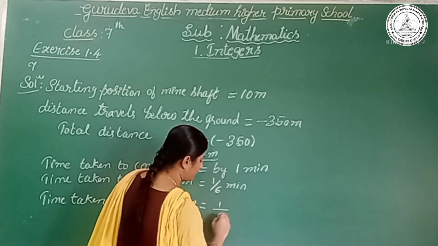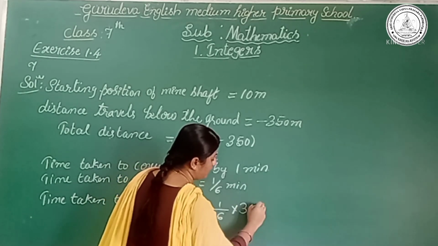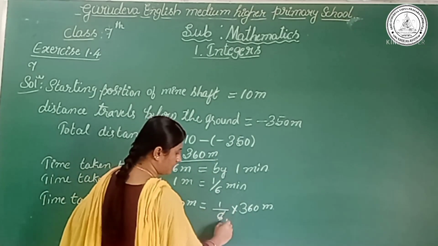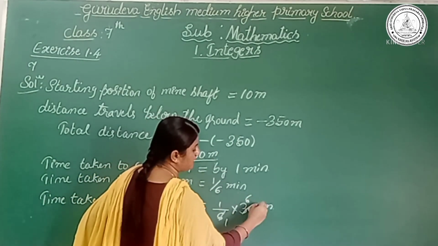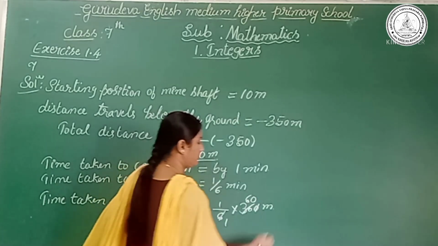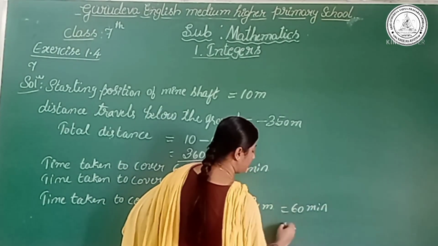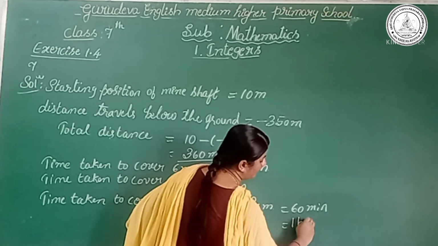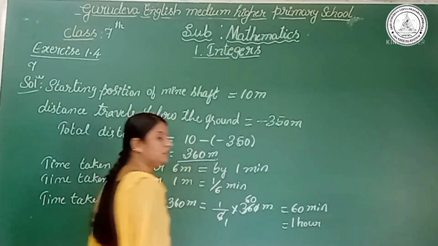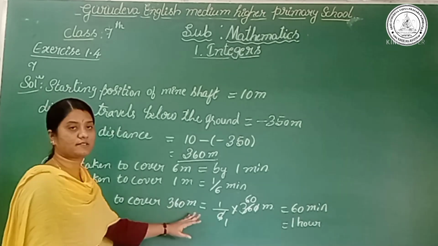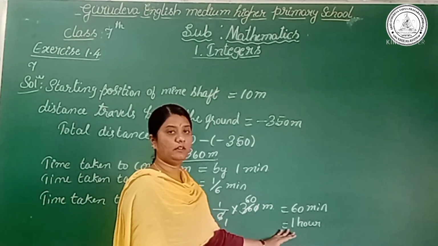Which is equal to 60 minutes. So 60 minutes is equal to 1 hour. Alright. So the time taken to cover the distance of 360 meters is equal to 1 hour.